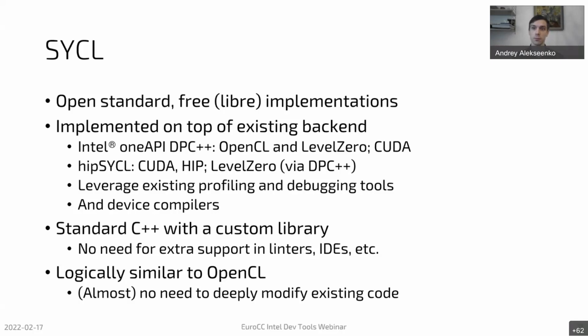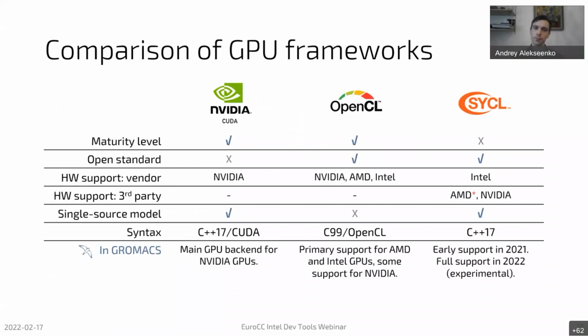It's plain C++, and most of the tools that we use to aid development already support it. And logically, the SYCL API is very similar to the way OpenCL is organized. Since we already had OpenCL support in our code, that reduced the required effort.